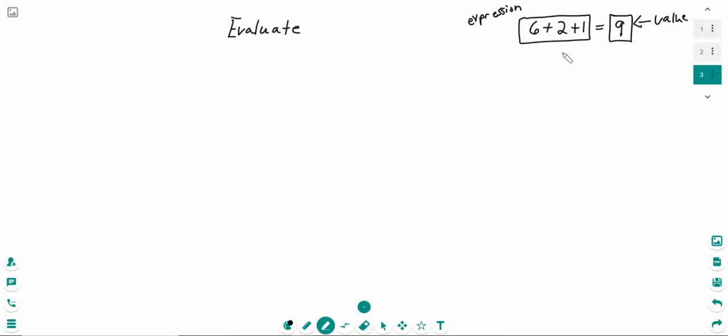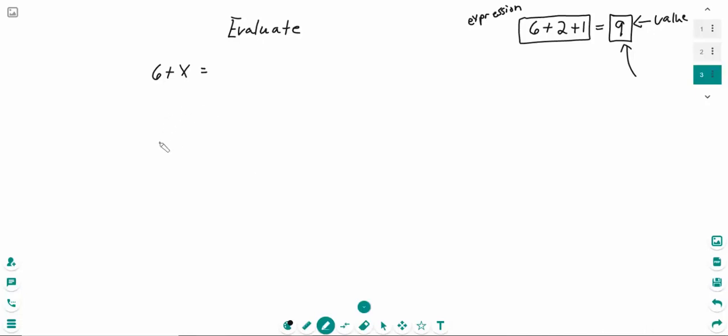All right. The same thing applies with algebraic expressions, but let's try to evaluate some of those. So if I have 6 plus an x, and I tell you, evaluate that, what I'm asking for is, what does this equal? What single number does this equal? And you might say, well, I have no idea.